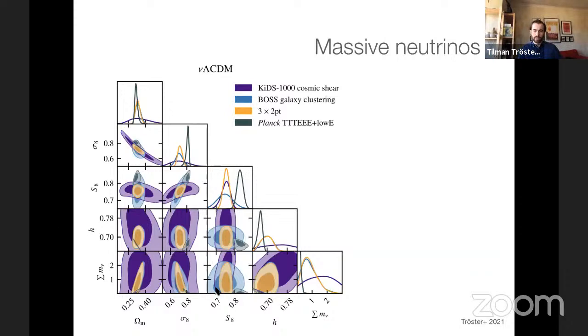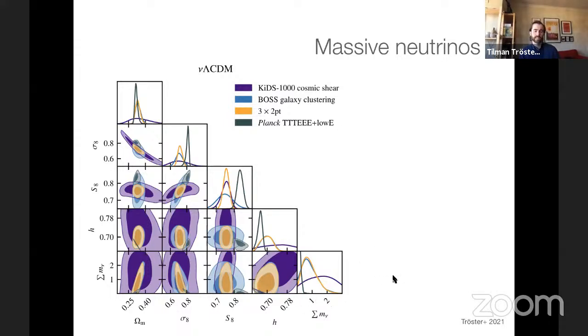Here, we get very weak constraints on the neutrino mass. The fact here that it pulls to what appears to be high and potentially non-zero neutrino masses is just a quite general effect of all these low redshift surveys finding a low amplitude of clustering, like a lowish sigma 8, and the neutrino mass basically tries to counteract that, and therefore you pull to higher values.